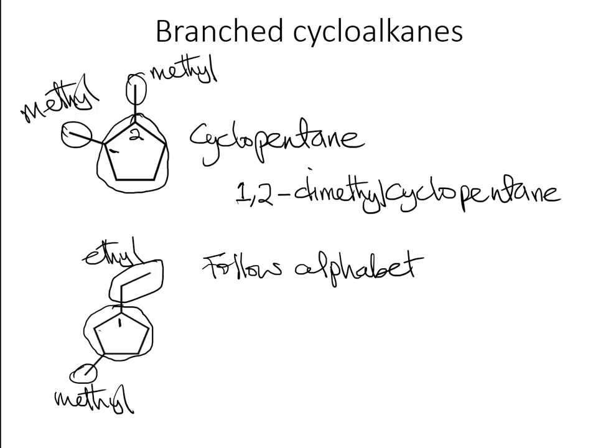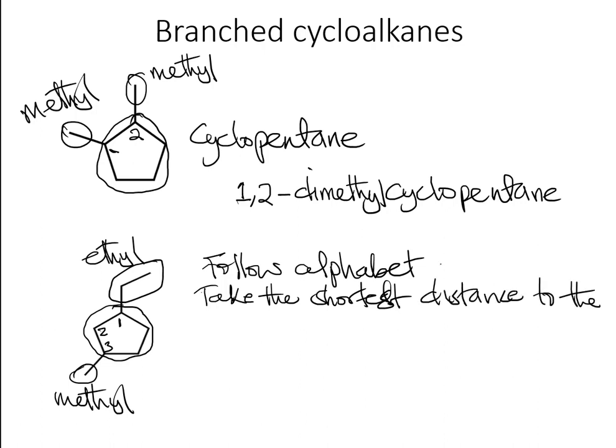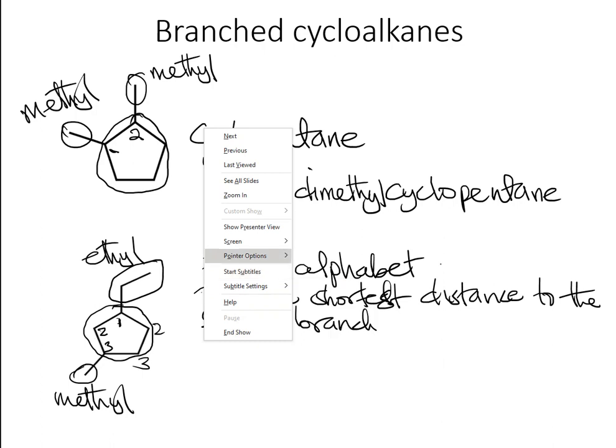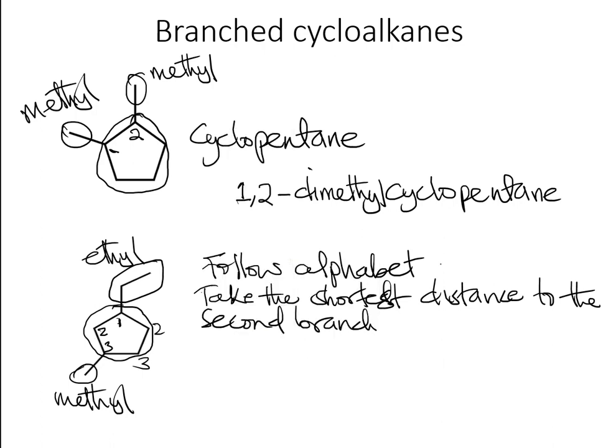So this is 1, 2, 3. Take the shortest distance to the second branch. So it will be 1, 2, 3. You don't want to say 1, 2, 3, 4. No, that would be a longer distance. You want to take the shortest distance to the second branch.